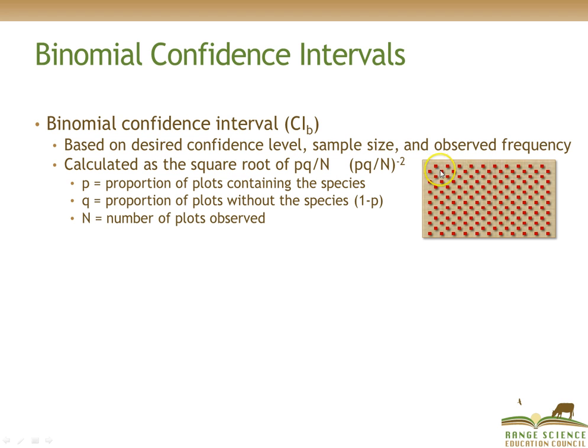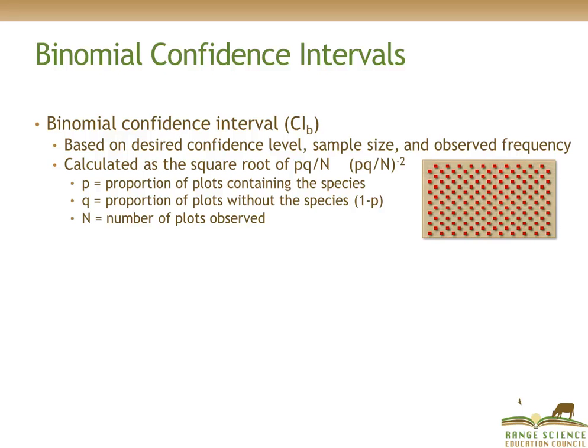However, if we space the quadrats far enough apart that we can ensure that they're going to be measuring different plants and different plant patches, that helps us to meet the assumption of independence.